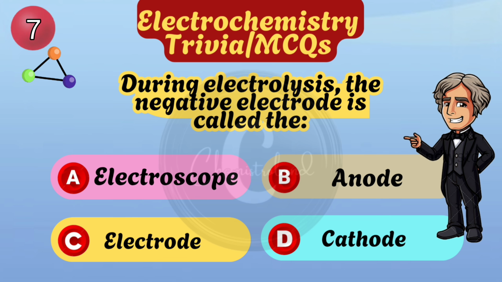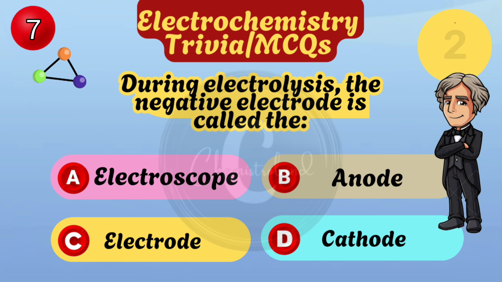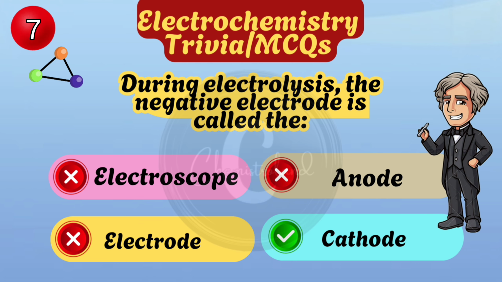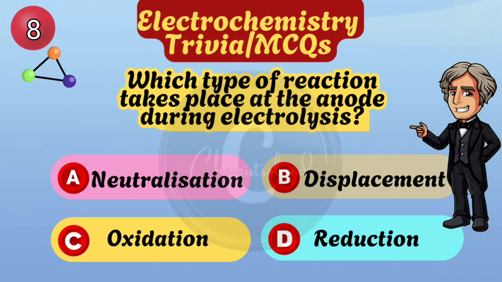During the electrolysis, the negative electrode is called the cathode. Which type of reaction takes place at the anode during electrolysis?